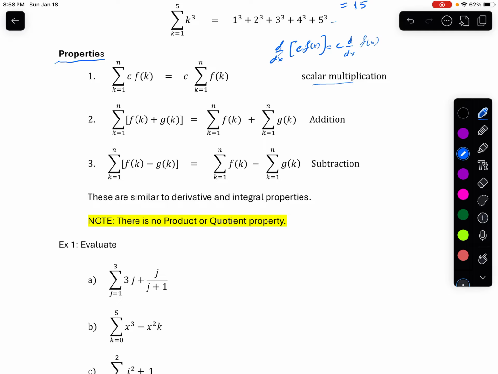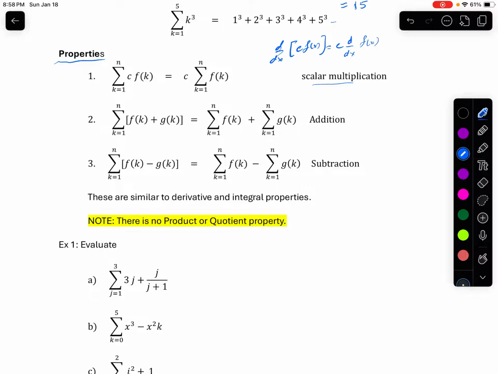Second property is that you have a sum of two functions of k, and you want to take the summation from whatever index value, then you can actually split it. So again, this is similar to the derivative property.